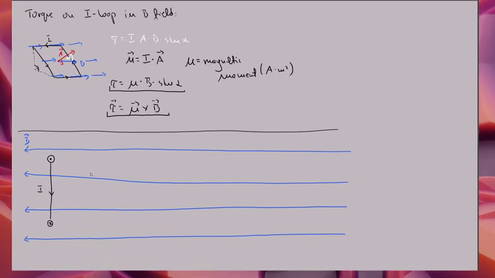Right, and then we will take a case where this same loop is now here. Let's rotate it a little, same direction of the current I, and then we have this case here where this loop is now like this. Draw it a little shorter.